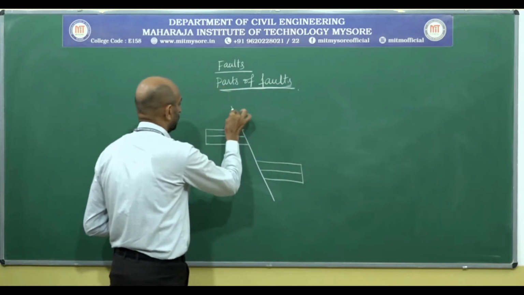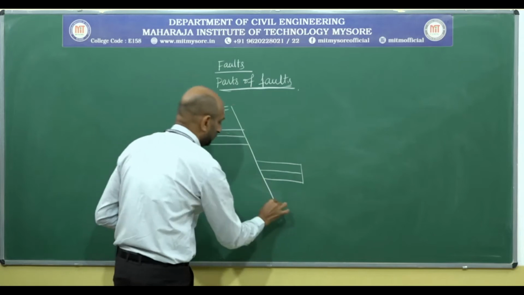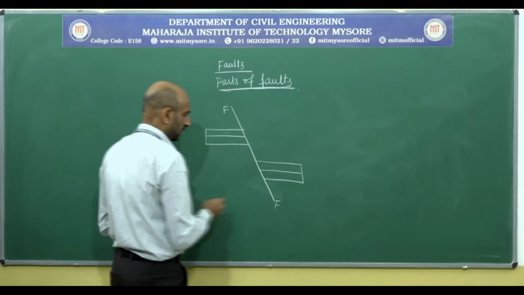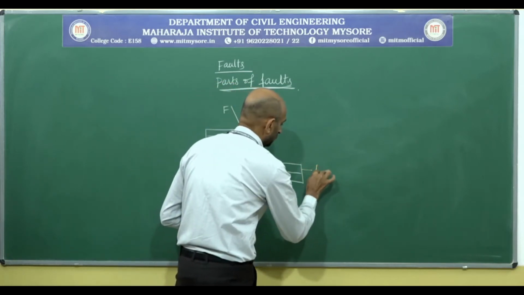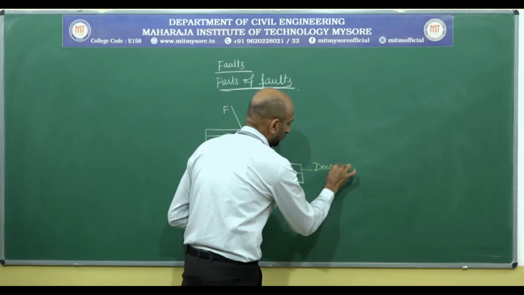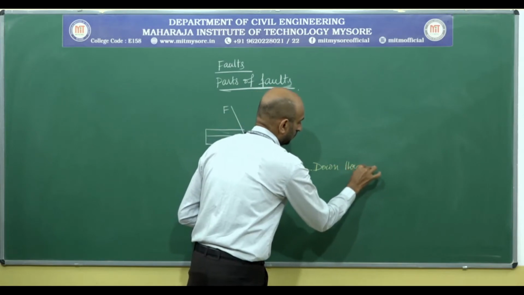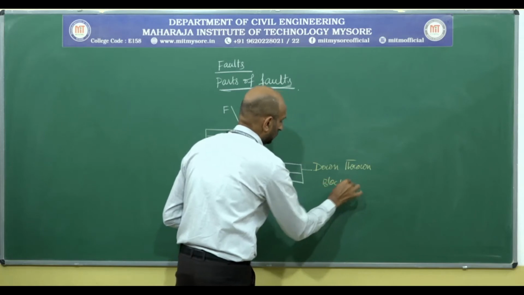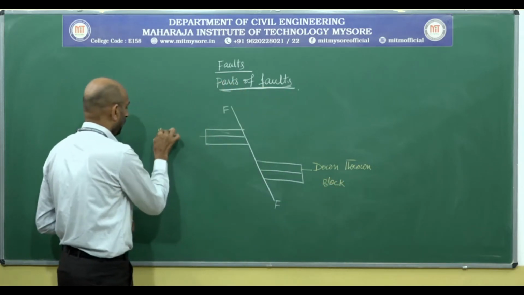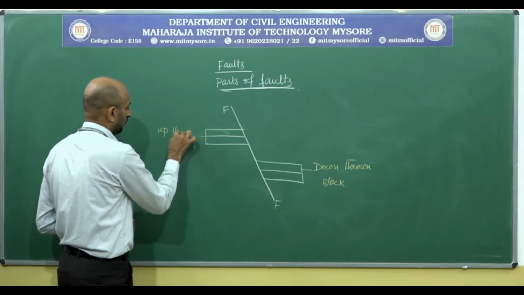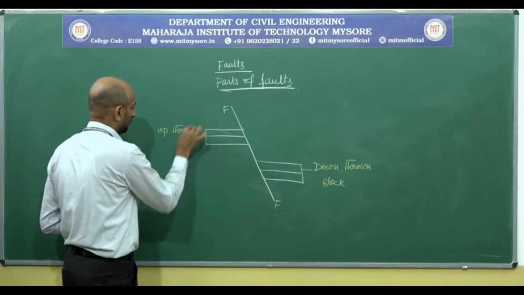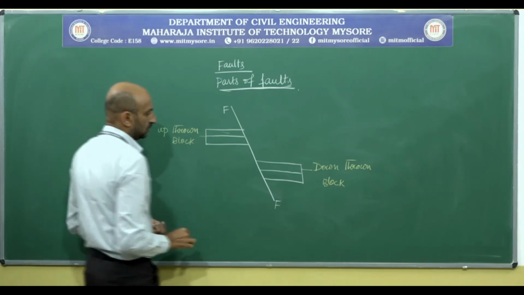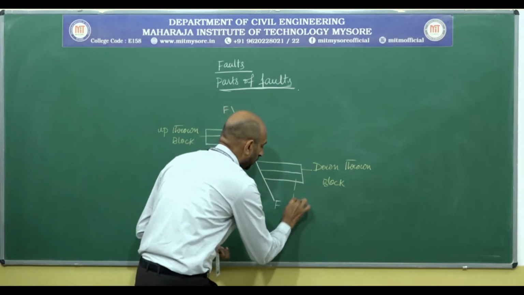What is this? This one is the fault plane. This one is the down thrown block. This one is the up thrown block. This one is the hanging wall.